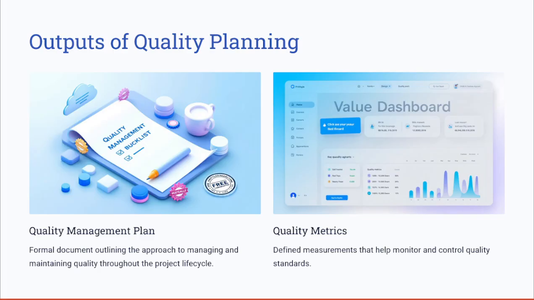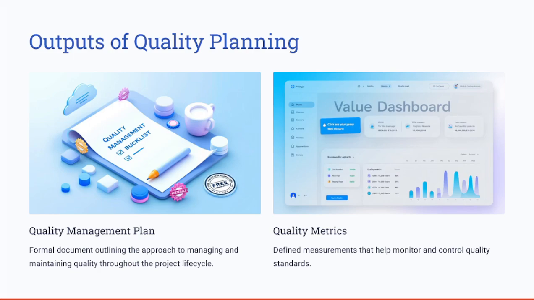So the outputs of quality planning include the quality management plan, and this plan documents the approach to quality management, including the quality policies, objectives, roles, responsibilities, and methodologies used to ensure quality across the project. It acts as the roadmap for managing quality throughout the project lifecycle.